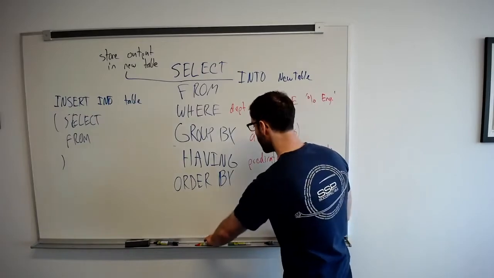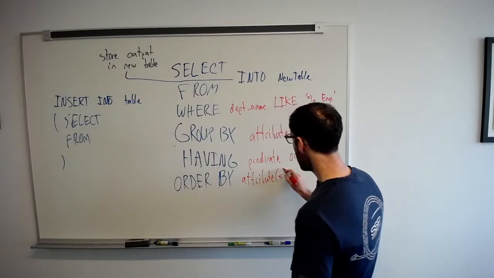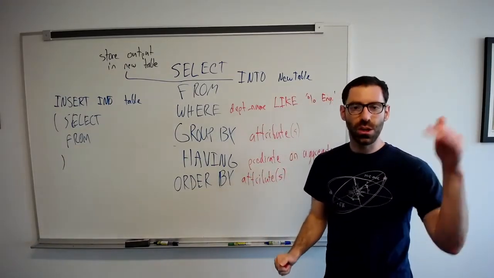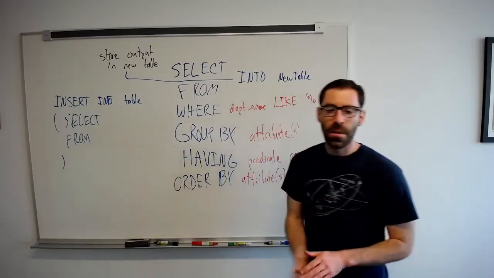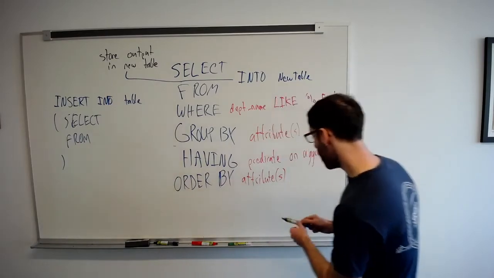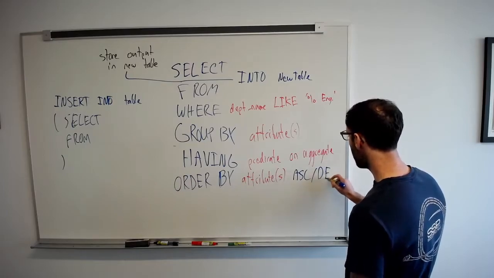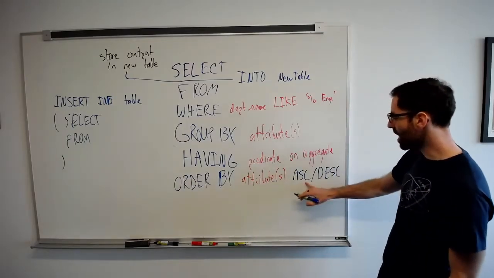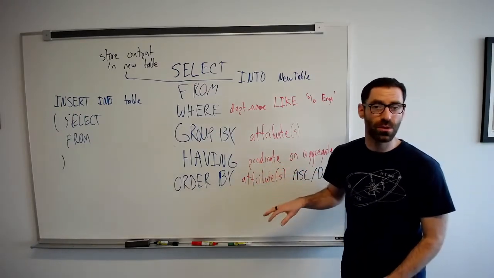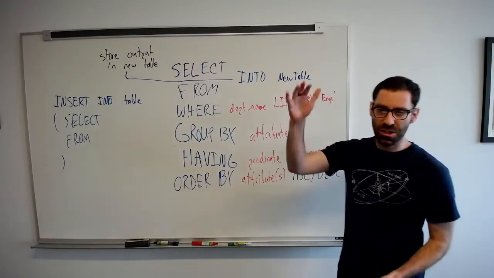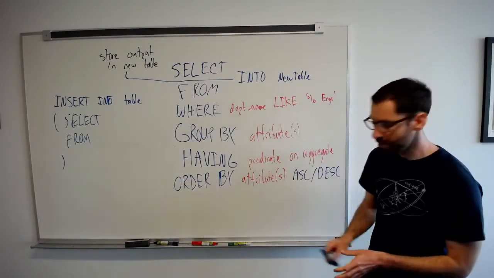Again, we can give it one or more attributes that it's going to use to sort the output of the query, and we can optionally say ascending or descending, ASC or DESC, after each attribute that you list, separated by commas, to tell it whether it's sorting in ascending or descending order, ascending being the default.